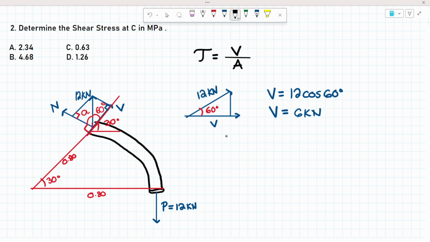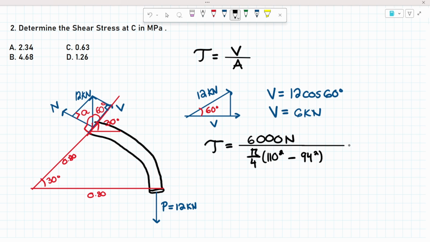With this, we can now solve for the shear stress. Tau, 6 kilonewton is 6,000 newton all over pi over 4, yung same na cross-sectional area, 110 squared minus 94 squared.